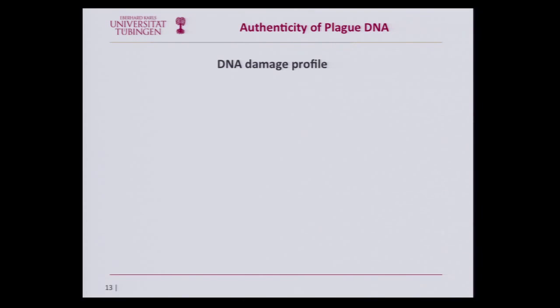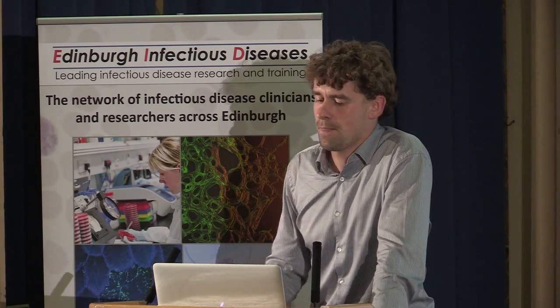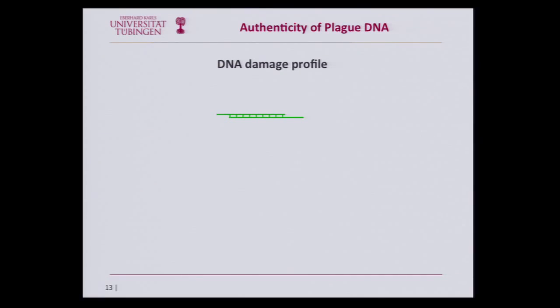Because DNA, like everything else in nature, degrades over time. So the DNA basically breaks apart due to chemical reactions that change the DNA over time. And when we look at ancient DNA, those tiny little molecules that we still have in those ancient skeletons, we see that especially at the ends of the DNA molecules, you have a lot of DNA damage.